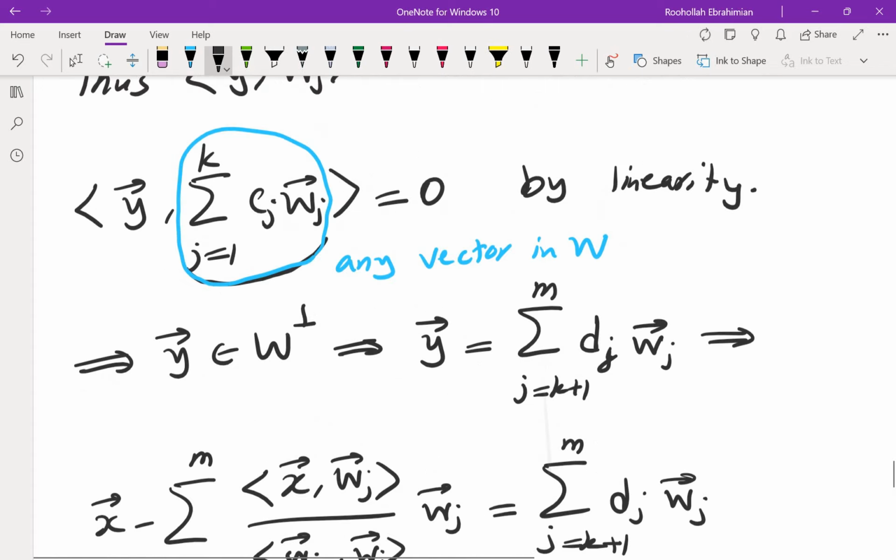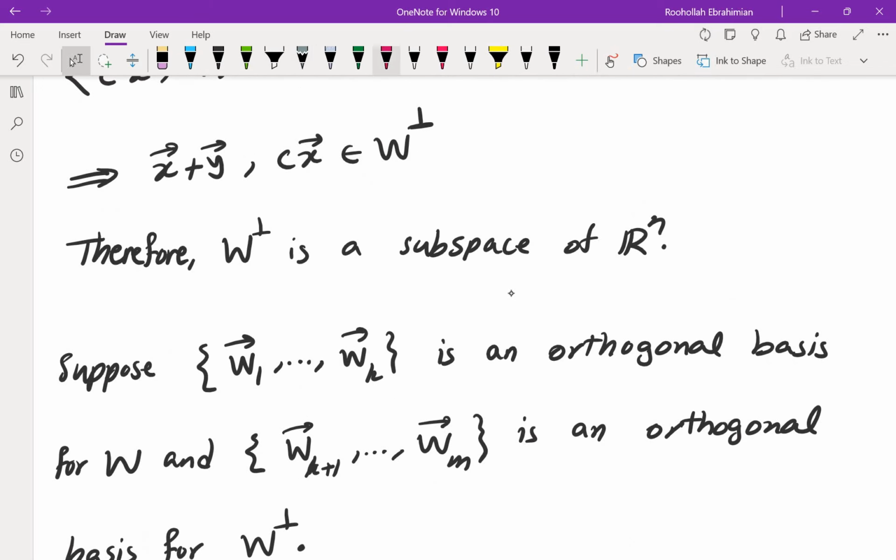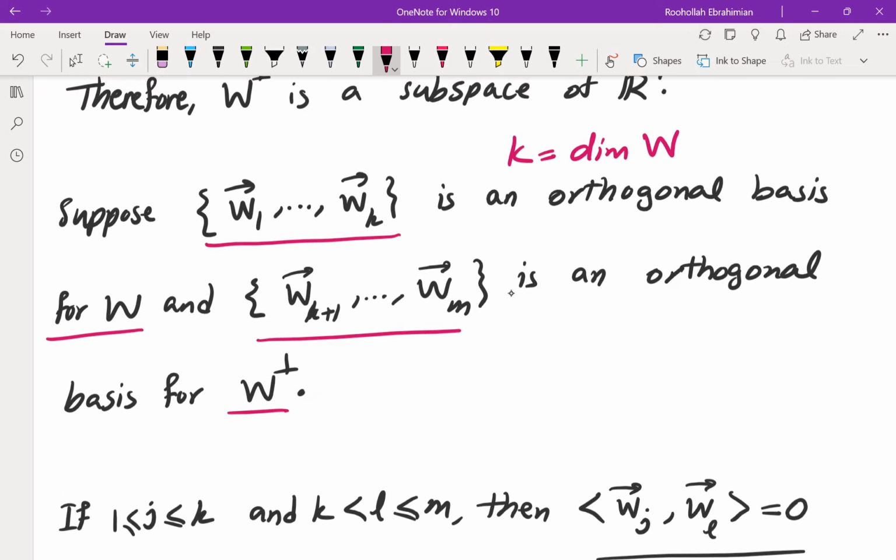Let me show you where we made those assumptions. I took a set that was an orthogonal basis for W, which means k is the dimension of W. Then I took a set that was an orthogonal basis for W perp, so m minus k is the dimension of W perp.